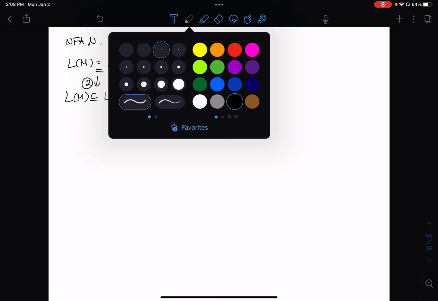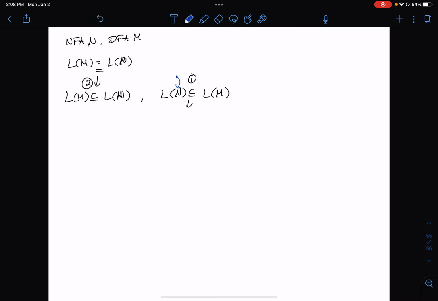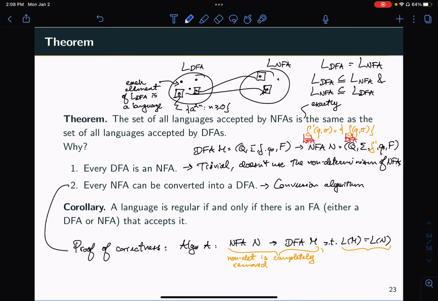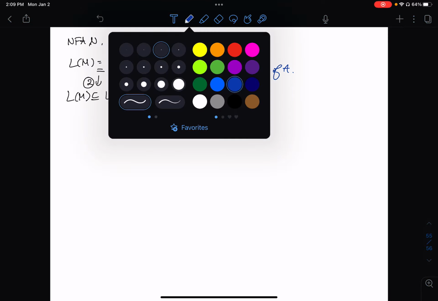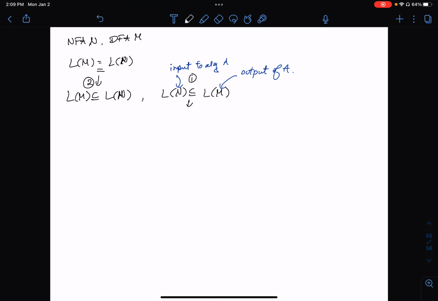This was your input to algorithm A, right? Did I give this algorithm a name? Yes, so this is algorithm A, that's the conversion algorithm. And so this is the input to algorithm A, M is the output of A, okay?